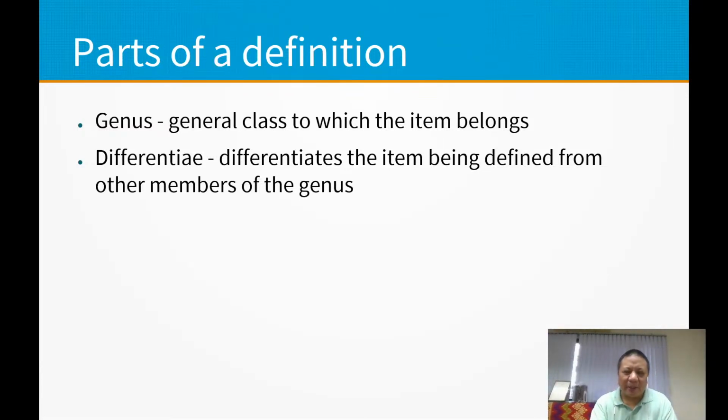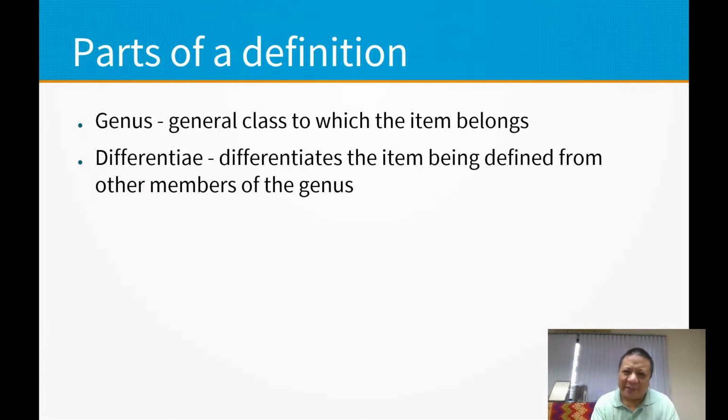Okay, let's talk about the parts of a definition. I don't know if you encountered this in Introduction to Linguistics, but there is the genus, that is the general class to which the item belongs. And you also have the differentia. The differentia differentiates the item being defined from other members of the genus.